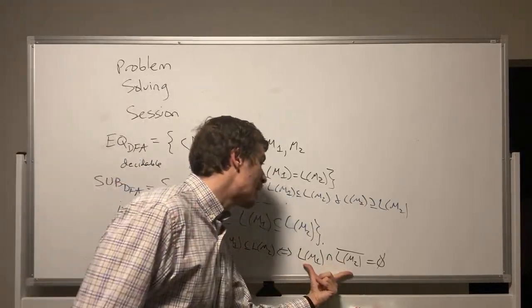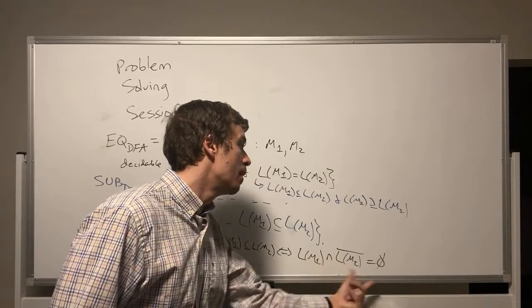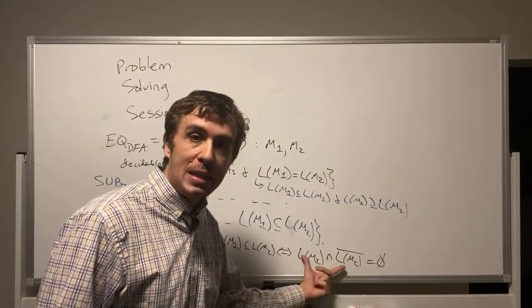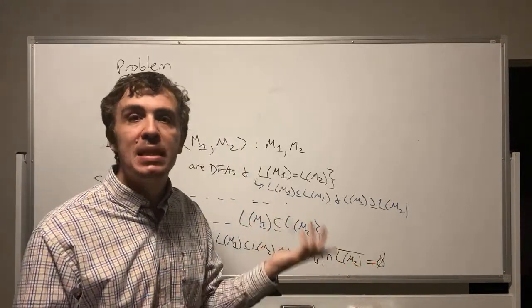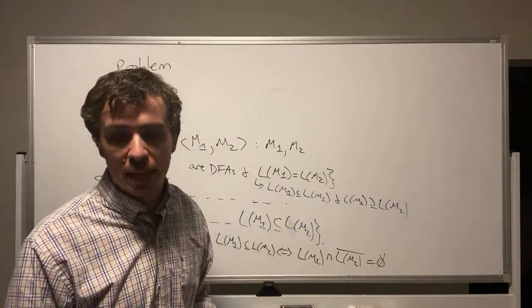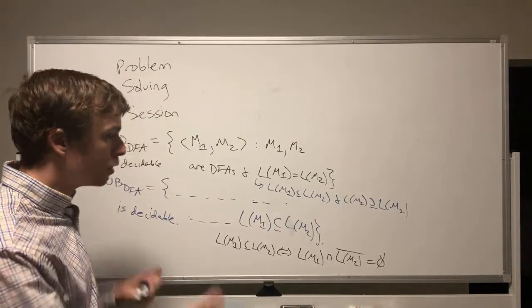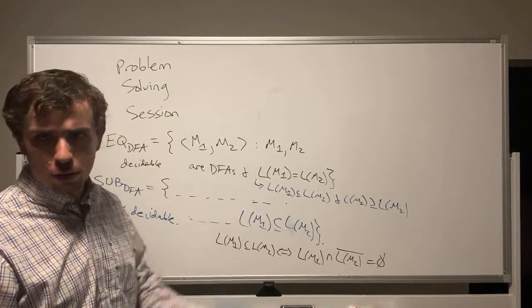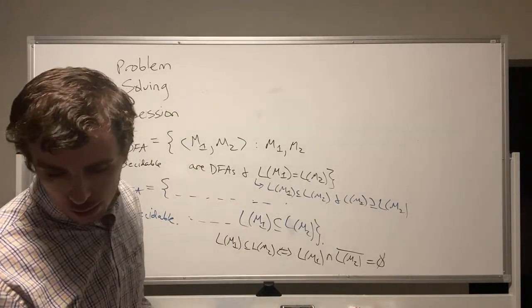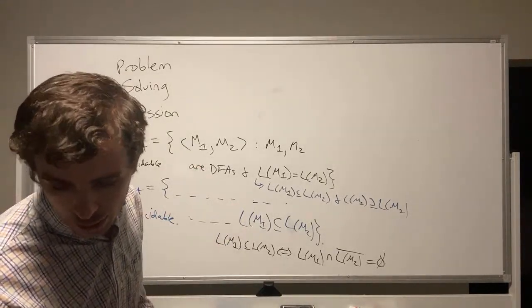So I can make a giant DFA for the left side. Then I just want to know if that giant DFA accepts nothing, and I can run the emptiness decider for DFAs. So this is decidable for that reason. There are other ways you can prove it too, but they're a little bit more complicated.